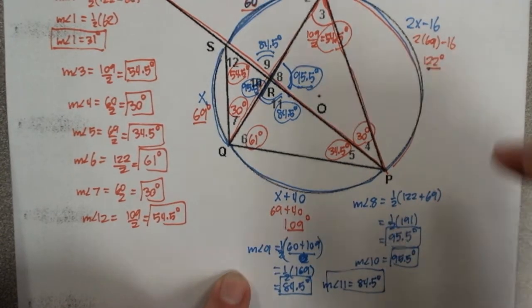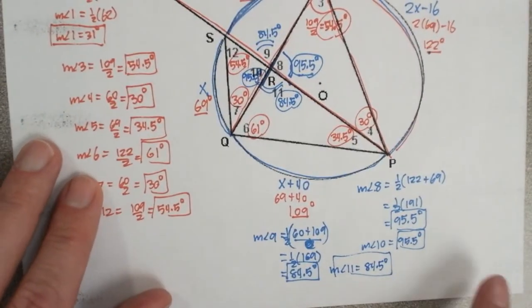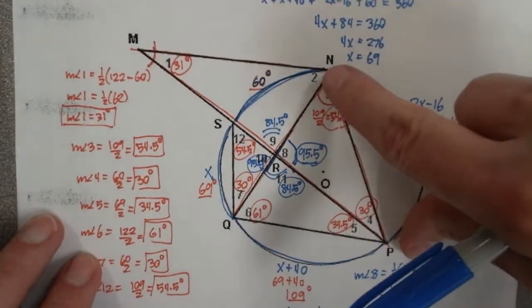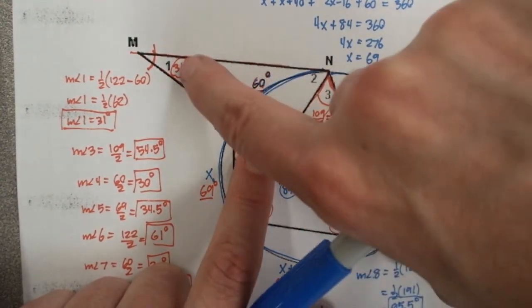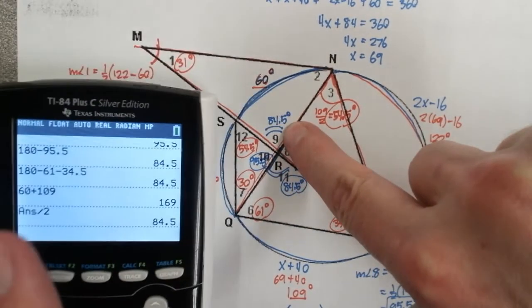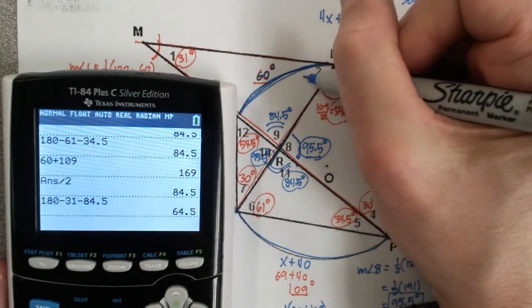And so that leaves us with angle 2. Now you can get angle 2, I know there's a lot going on here, by using the two angles in this triangle. So I could do 180 minus 31 minus 84.5. And that's going to give me 64.5.